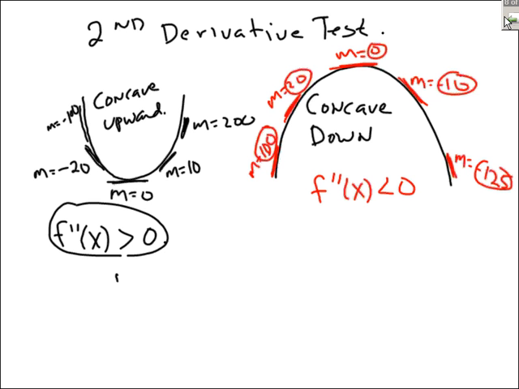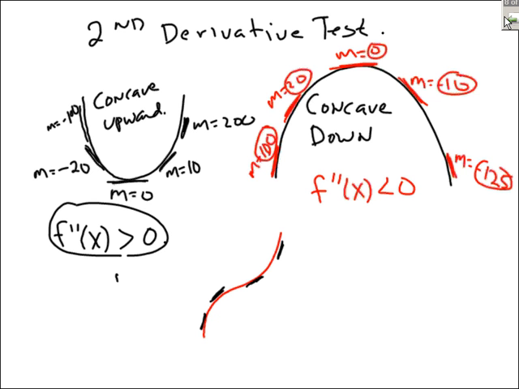Now, let's look at this for a moment, something that I just spoke about. Here, the slopes are all positive. Positive, except maybe it's 0 at one point. It's positive here. It's positive here.